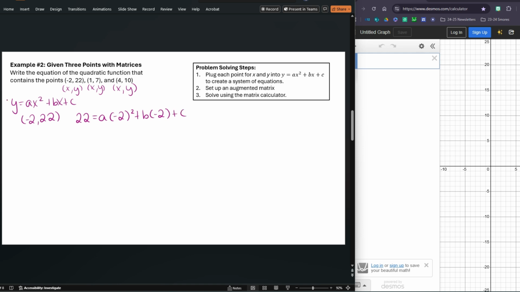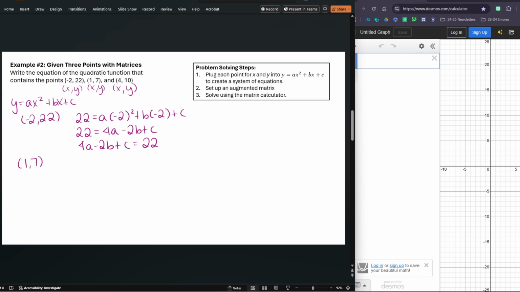If I simplify that, that tells me that 22 equals 4a minus 2b plus c. So I'm going to flip this equation around. I'm just going to write it as 4a minus 2b plus c equals 22. Okay, so now let's write my next equation based on the point 17.